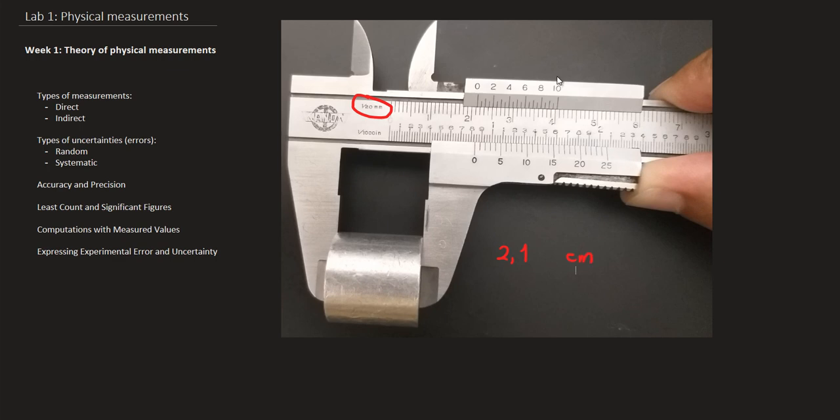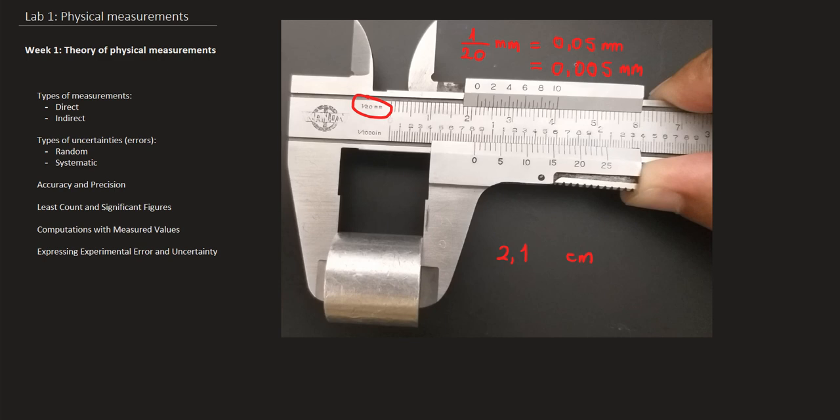But what about the least count? The least count is saying that we have 1 divided by 20 millimeters, which is equal to 0.05 millimeters. So we will have a resolution of 0.05. I will call this the resolution, but usually it is called the least count.